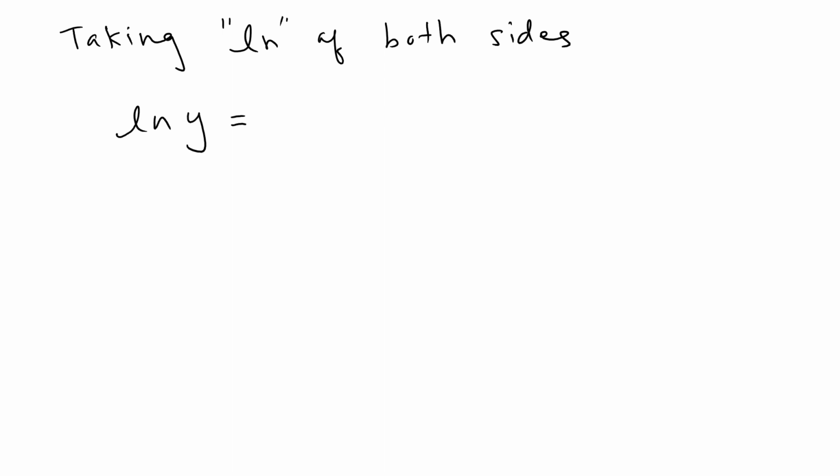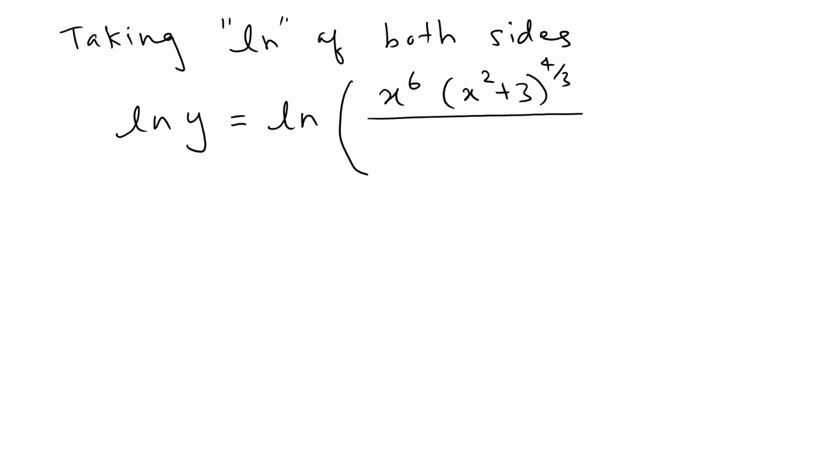The other side you have ln of the complex expression, which is x to the 6th, x squared plus 5 to the 4 thirds, and e to the negative 2x, and then sine 3x to the 7th power.